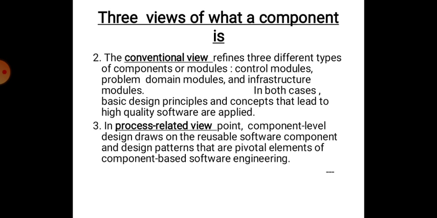So the three different types of modules in the conventional view are the control module, problem domain module, and infrastructure module. In both the conventional view and the other view, the basic design principles and concepts that lead to high quality software are applied.